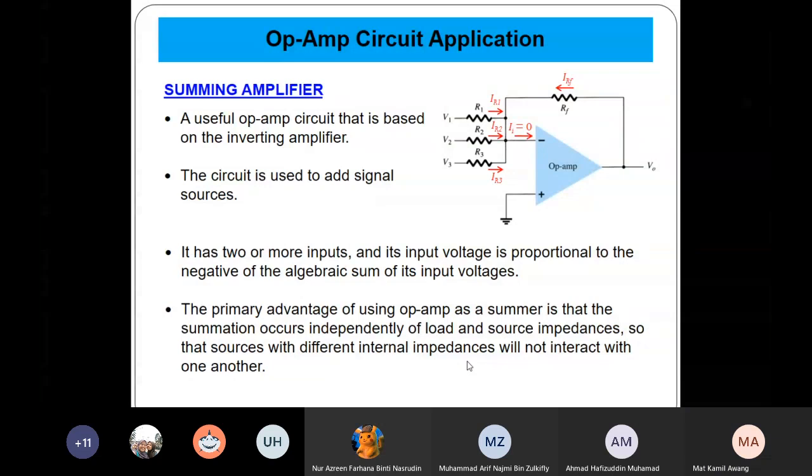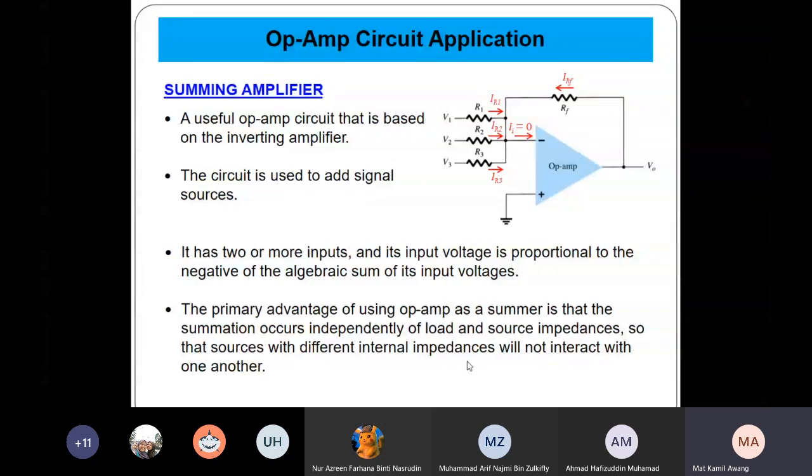This useful OpAmp circuit is based on the inverting amplifier, so the output has a minus sign. The amplitude of the output is the total of the input signals, but the sign is reversed.